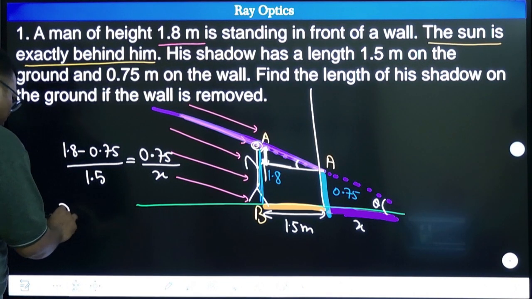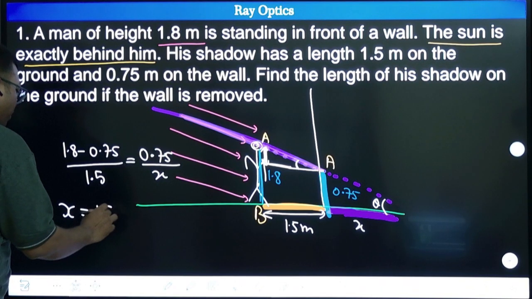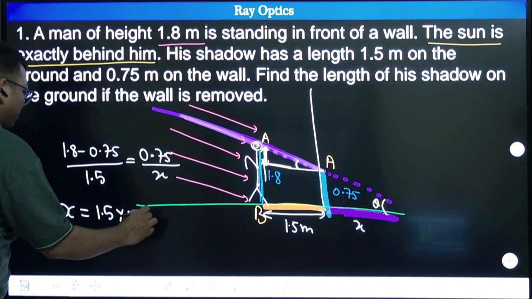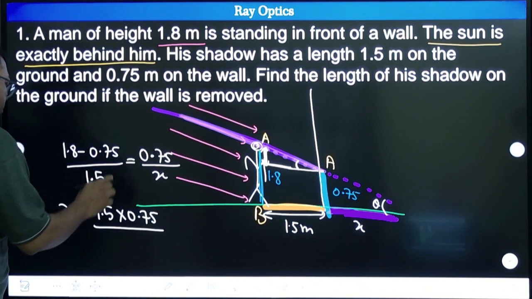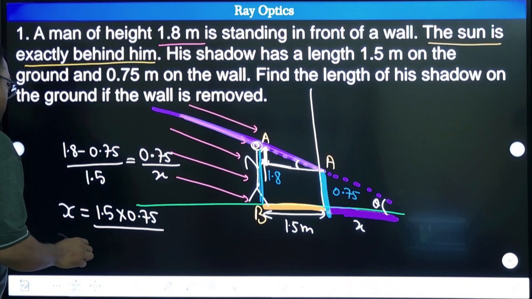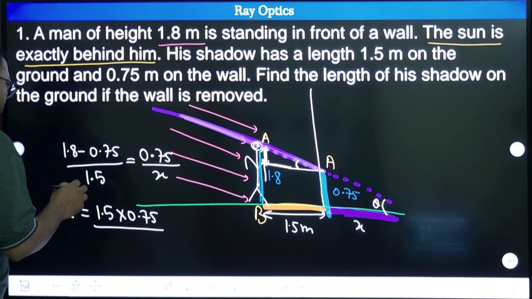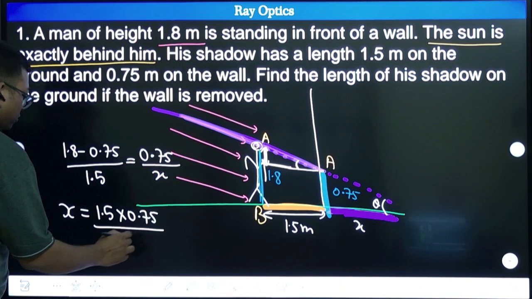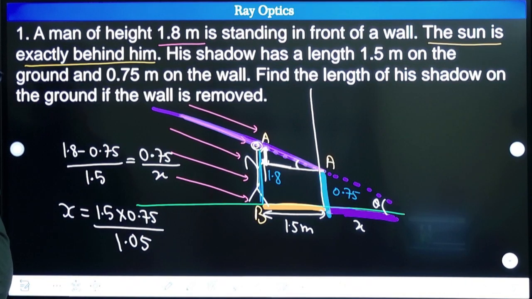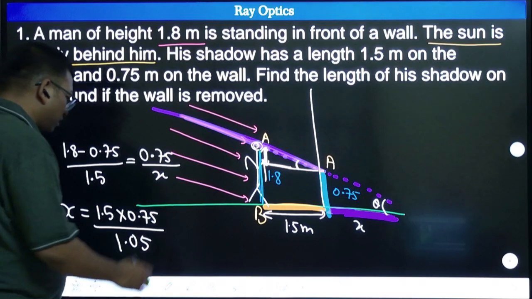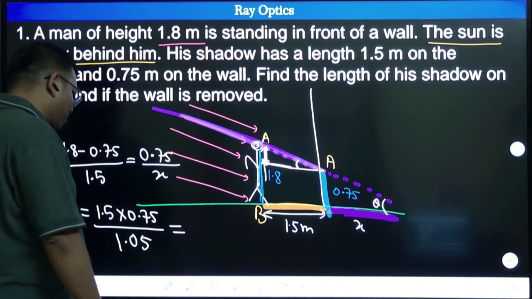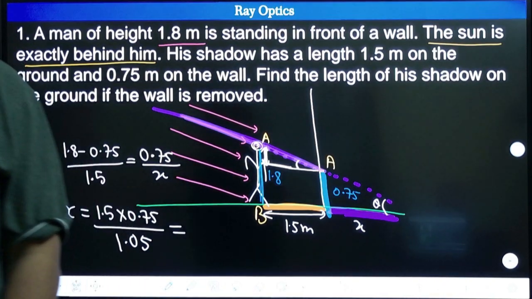You calculate x. x will be 1.5 into 0.75 divided by, this becomes how much? 1.05 it is, right? When you subtract it, 1.05 it becomes, correct? Check that. Calculate how much x is coming. This calculation you have to do. Check the calculation.